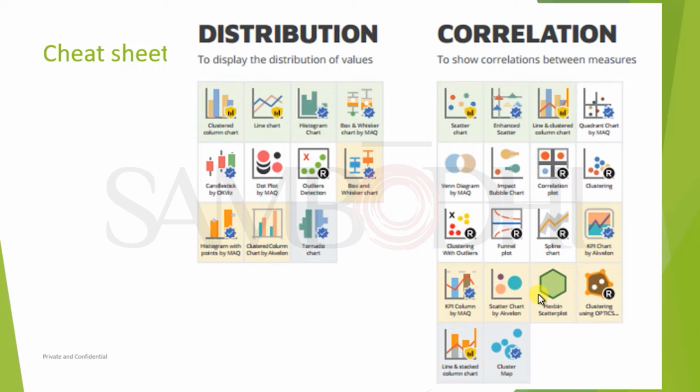Similarly, there is something known as a correlation chart, used to show correlation between measures. A typical example is a line and clustered column chart, wherein I have something in terms of a bar chart. It can be sales for product A and B over a period of time.